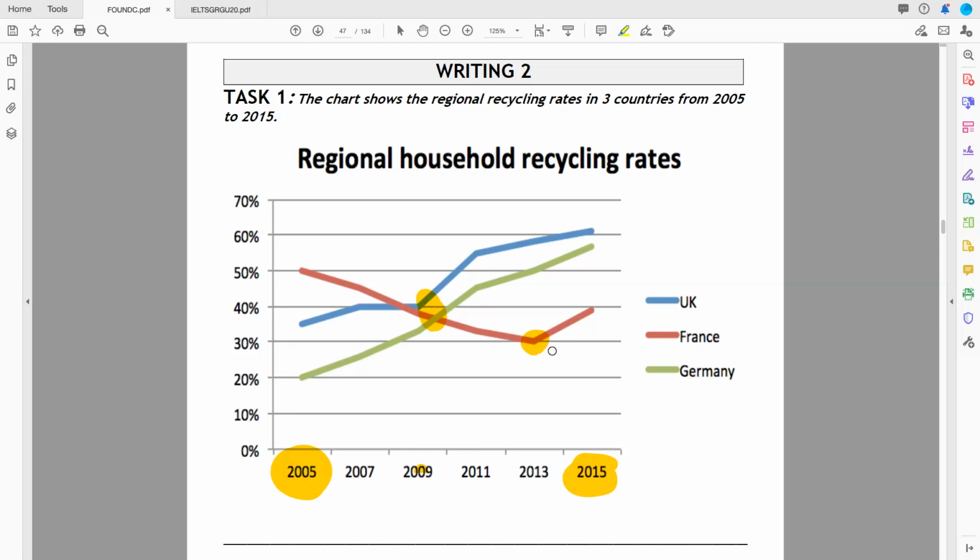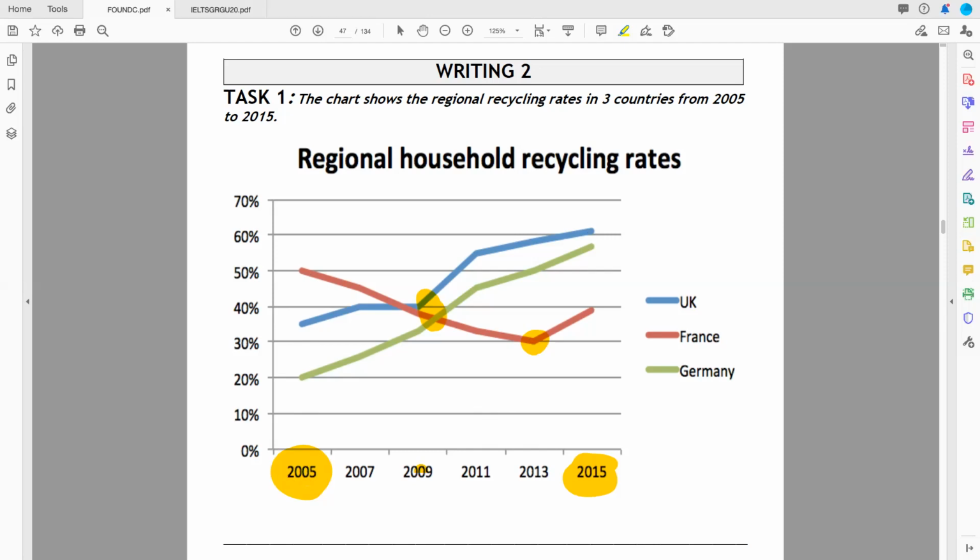I mean, it's increasing and going up, but here it reached the highest point up here. So there's nothing different between here and here. Okay? So let's start by writing these in order from highest to lowest, talking about 2005. Any other questions? No.